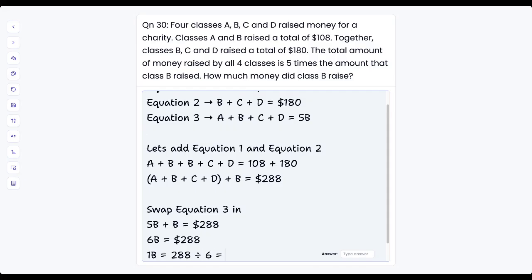So what's 288 divided by 6? I have to use my calculation. Essentially it is 300 minus 12, which is 48. There you go. So the answer is $48.